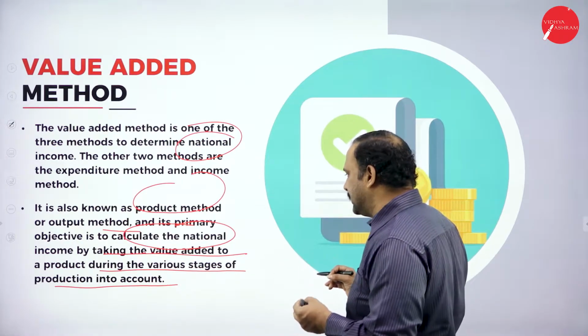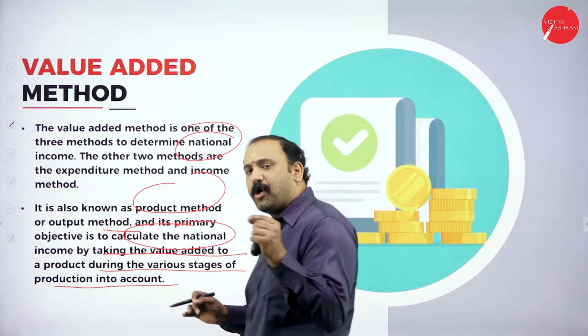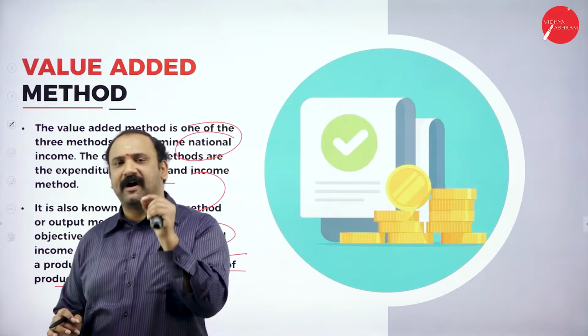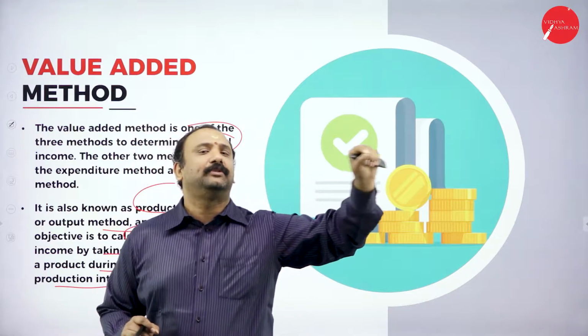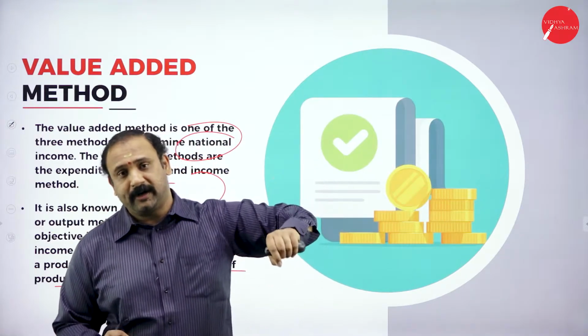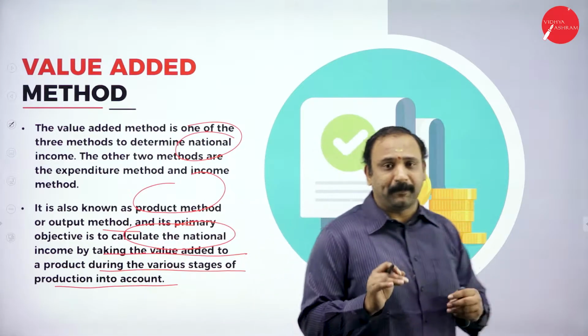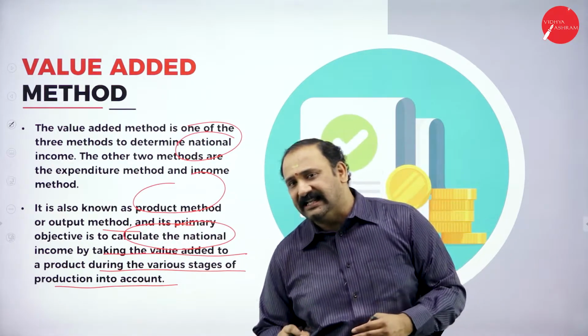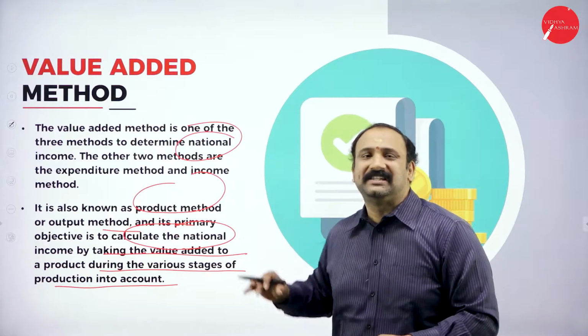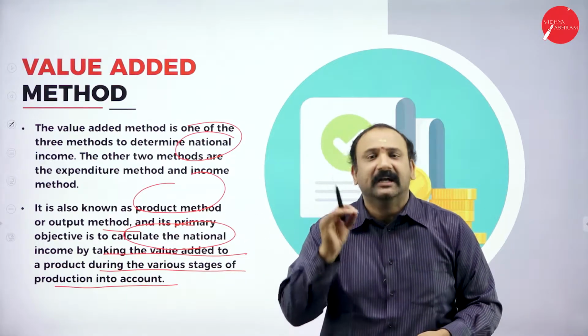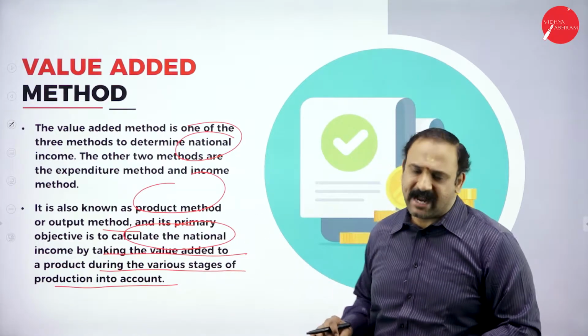So at every stage of production, there is some value that is being added to that product. And that is very important for all of us. Why? Because that product will be able to tell us exactly what is taken into account, what are all the different factors that we have added upon.